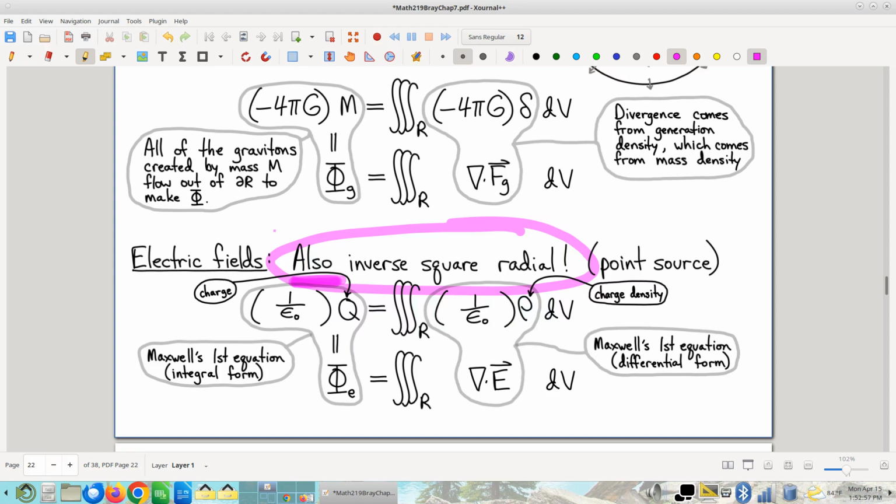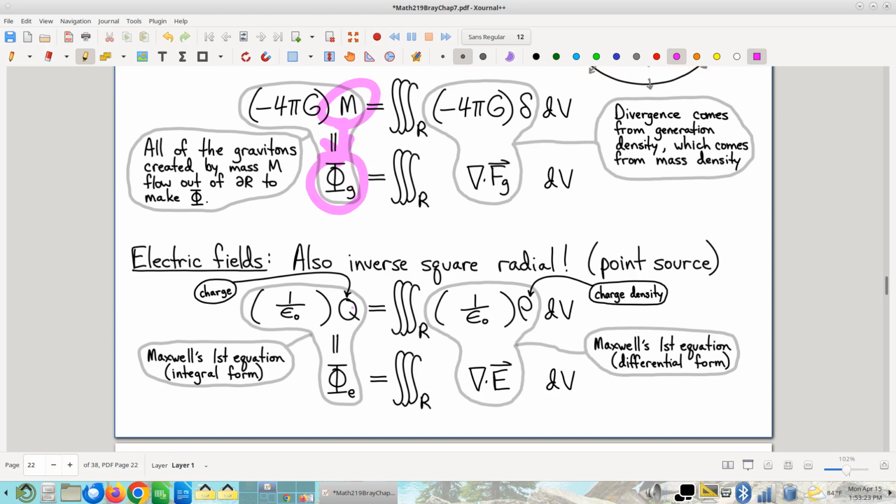So everything that we just got through doing with gravitational fields, based on the idea of, hey, look, it's basically particles flowing outward, and then concluding from that, all of that same stuff comes along for the ride, right? And you can view mass as creating gravitons, which create flux.